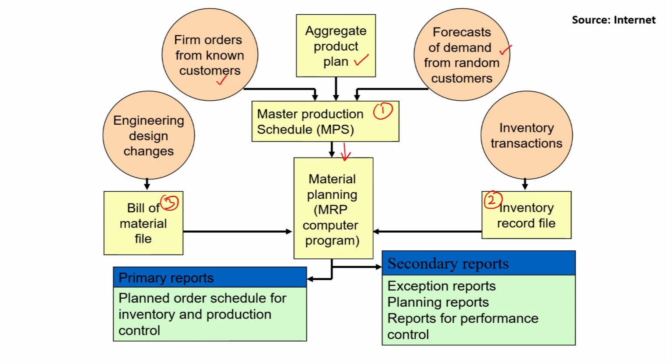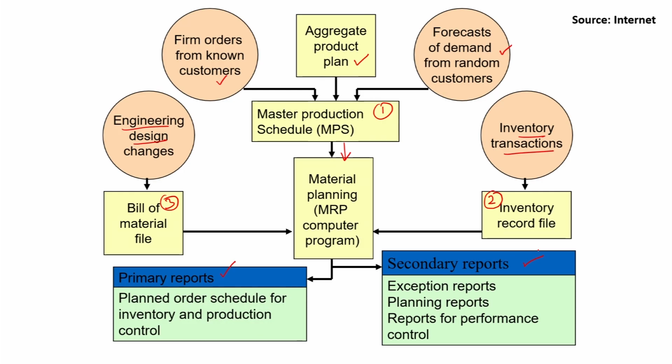And then the inventory record files are where all the inventory transactions are recorded, and from there we will get the data status about the various materials available in the inventory. Bill of material will come from the engineering design, and there may be changes. So, what is the latest design which we are manufacturing, from that we will get the bill of materials, and from this we are producing primary reports and we are producing the secondary reports.